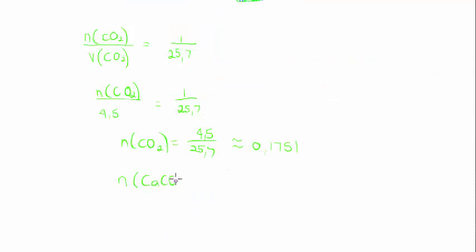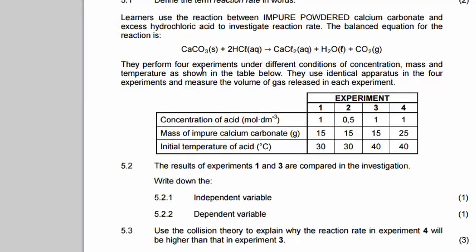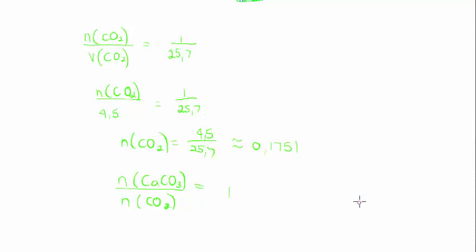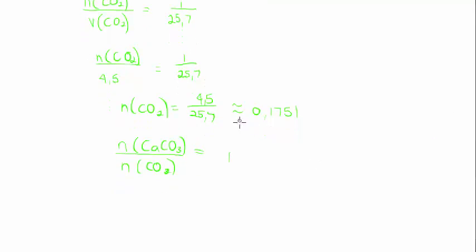If I divide the moles of calcium carbonate by the moles of carbon dioxide, it must be the coefficients of the two. So this is 1 divided by 1, which is just 1. That just means they're going to have the same moles. So you could immediately say that the moles of calcium carbonate is also equal to 0.1751, roughly. Or you could substitute it in there, multiply both sides, and get the exact same answer.